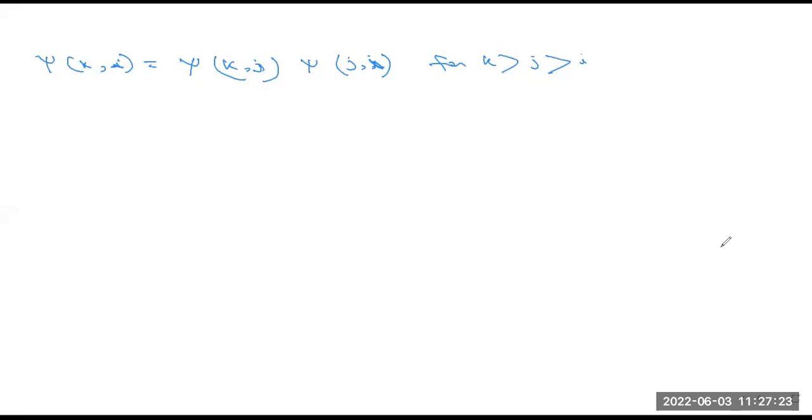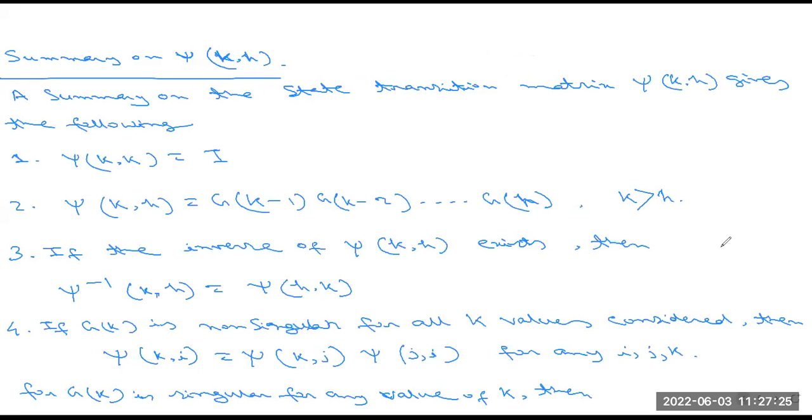So these are basically the 4 points of summary you have to follow for the state transition matrix. Okay, is it okay, all of you? Yes, sir.